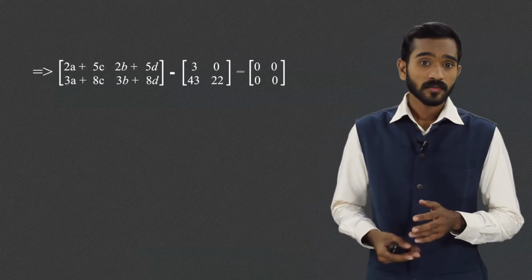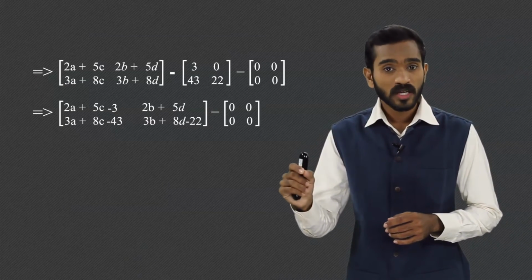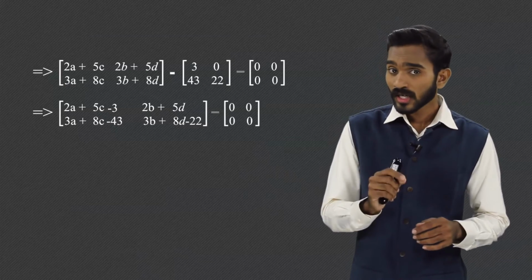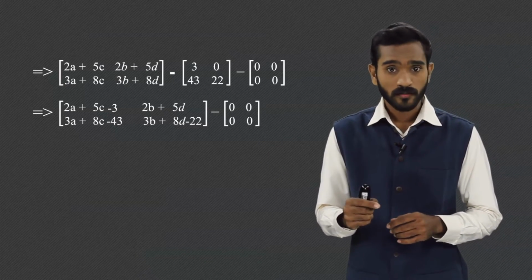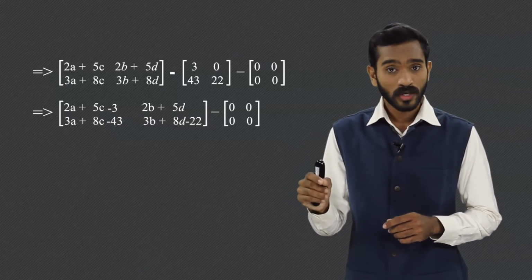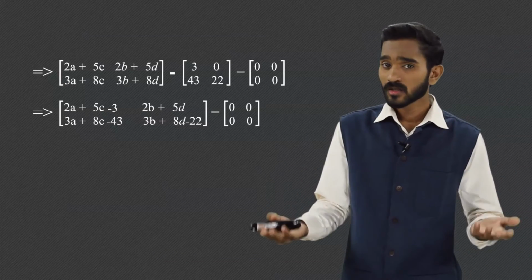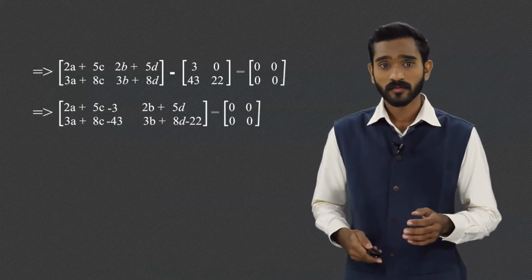That implies 2a plus 5c minus 3, 2b plus 5d, 3a plus 8c minus 43, 3b plus 8d minus 22 is equal to 0, 0, 0, 0, which is the zero matrix.